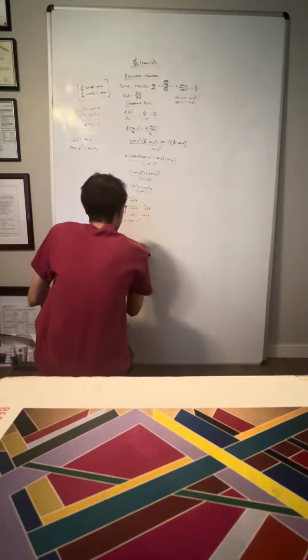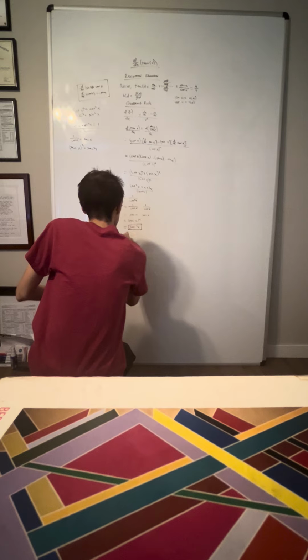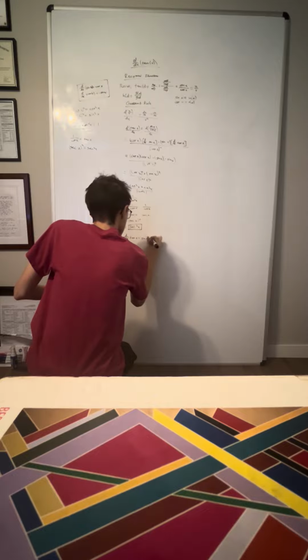So now our answer is just going to be secant squared x. So d dx of tan x equals secant squared x.